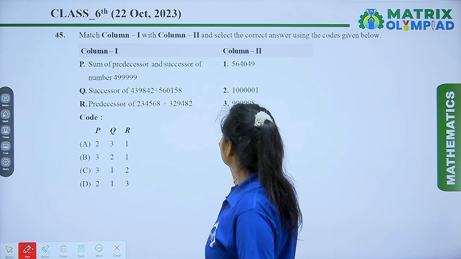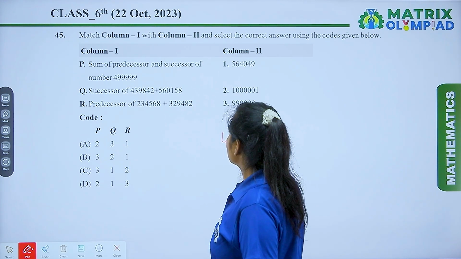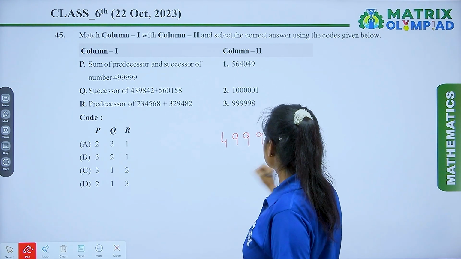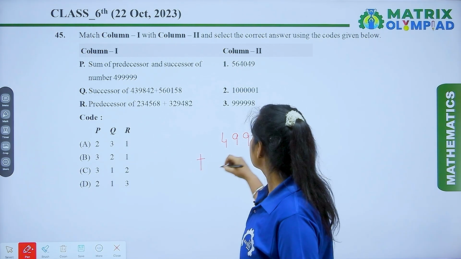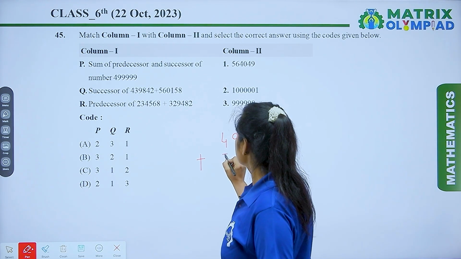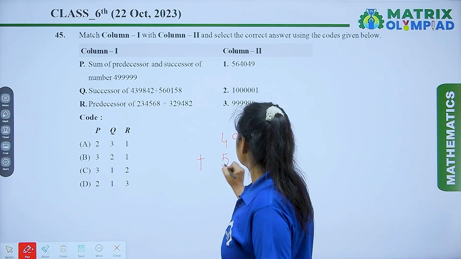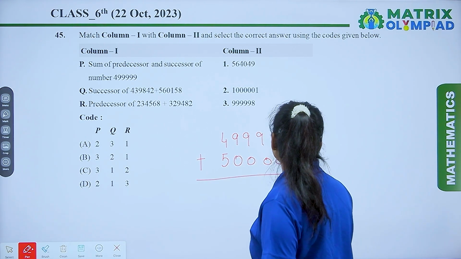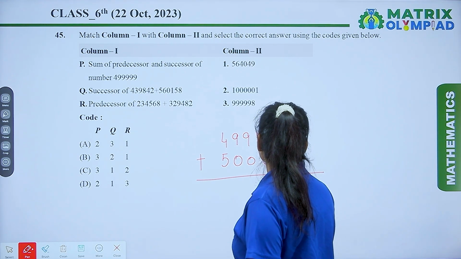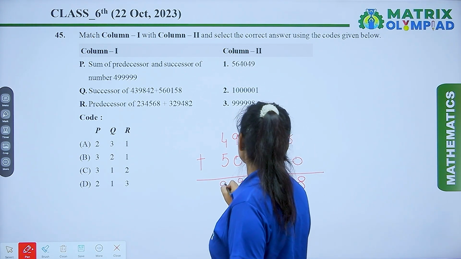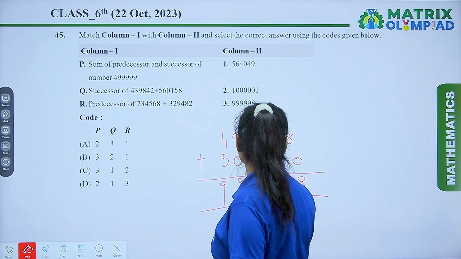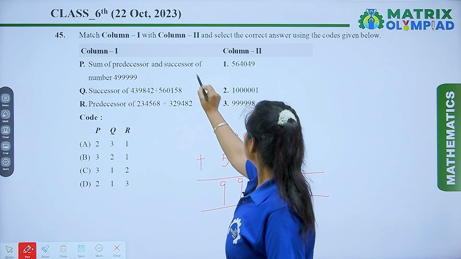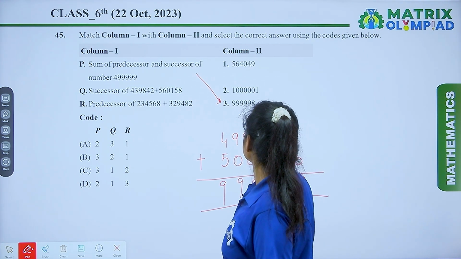So predecessor of this number is 499,998 plus successor of this number is plus 1, we get 5,00,000. So here the sum is 9,99,998. So here is the answer.